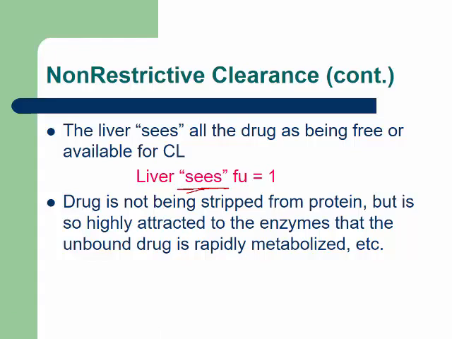Now, obviously, the liver doesn't see things, but the liver enzymes consider all of the drug, whether it's bound or unbound, available for clearance. So even if it is bound to a protein, it is not protecting it from being cleared.